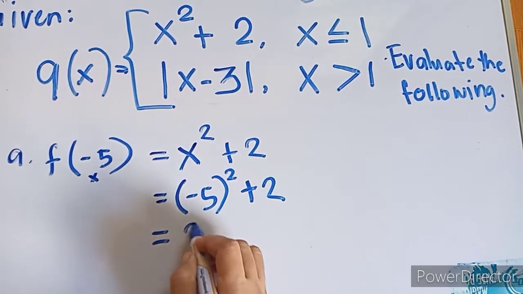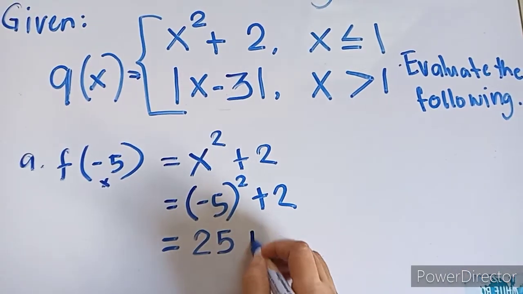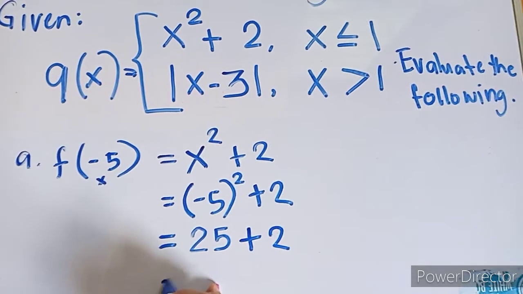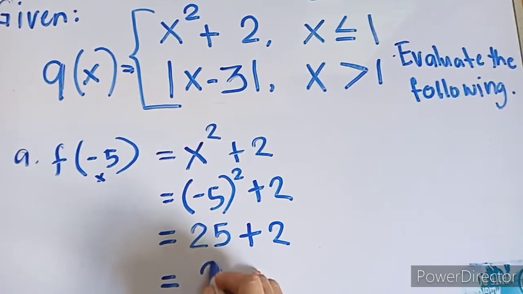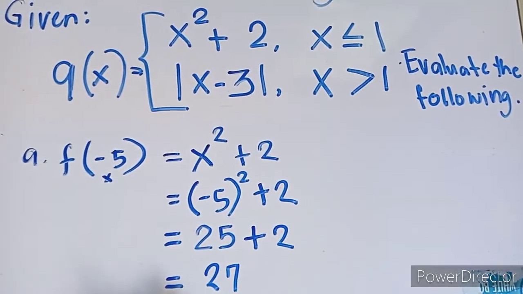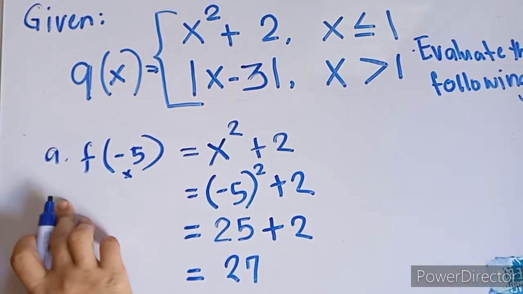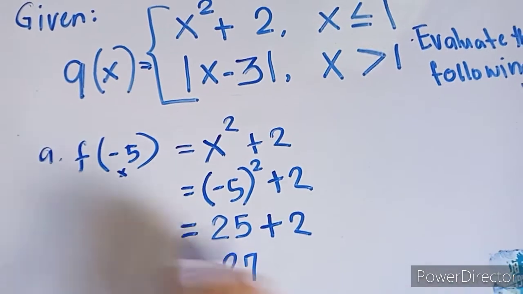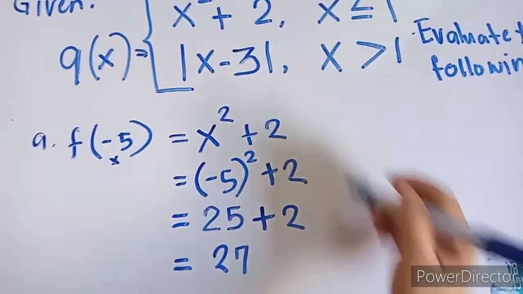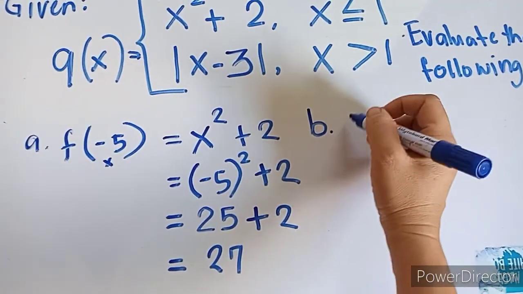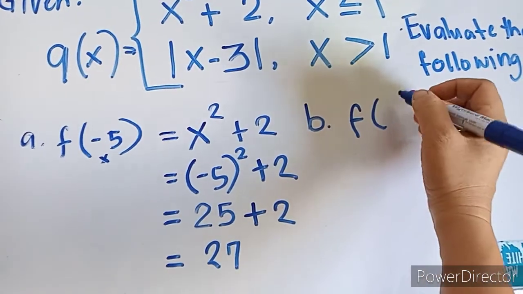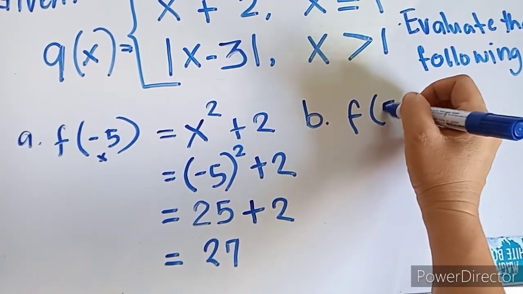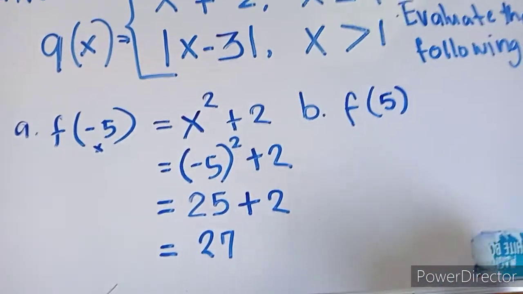So you will have positive 25 plus 2. So 25 plus 2 becomes 27. So this is now our answer for the number 4 problem in our module, that is letter A, f of negative 5.